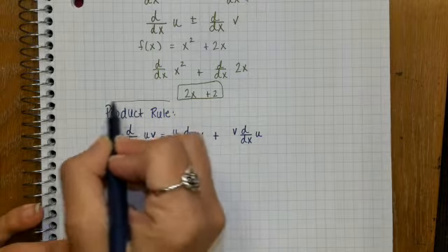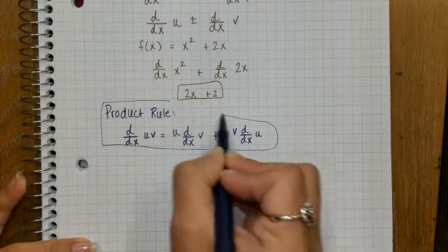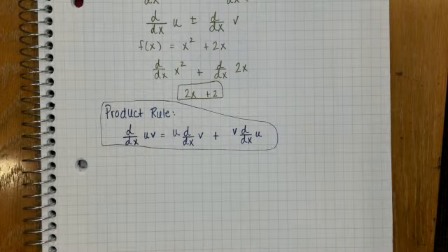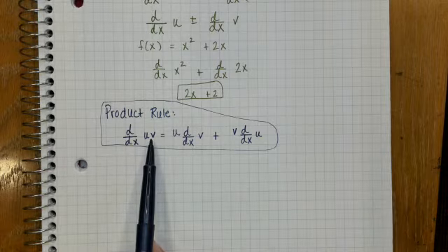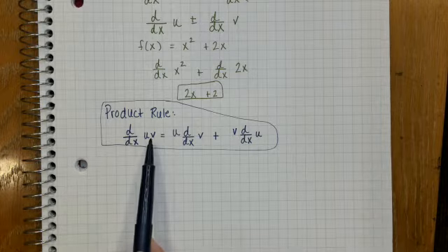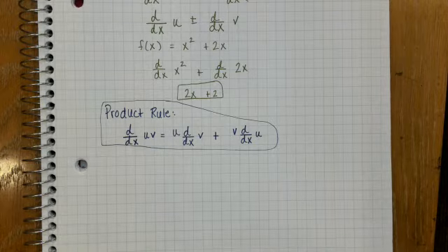This is the product rule. The first function times the derivative of the second plus the second function times the derivative of the first.